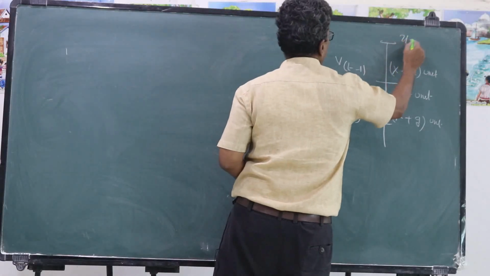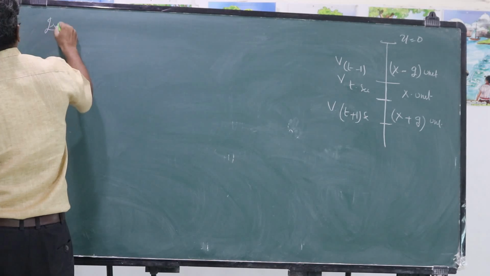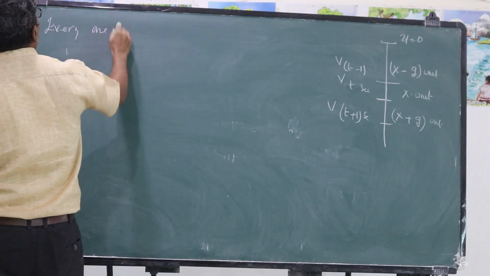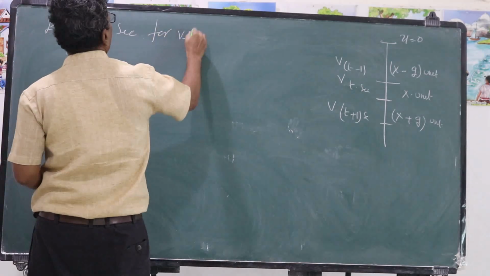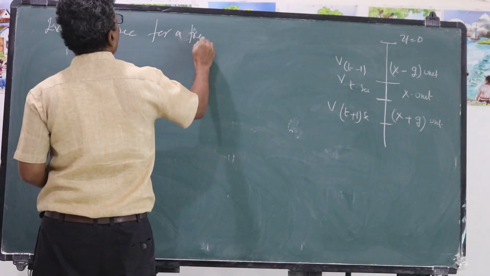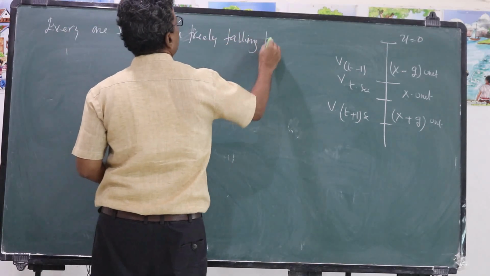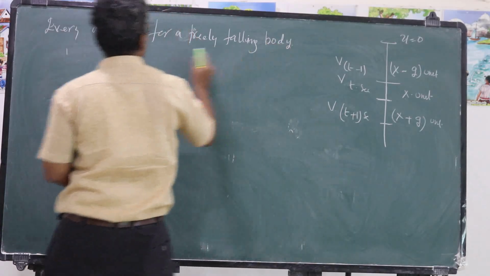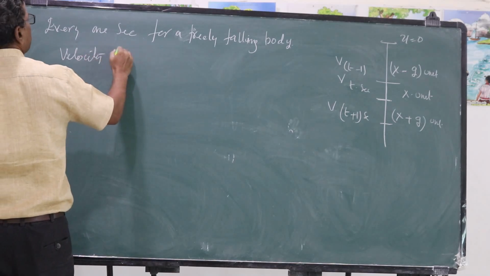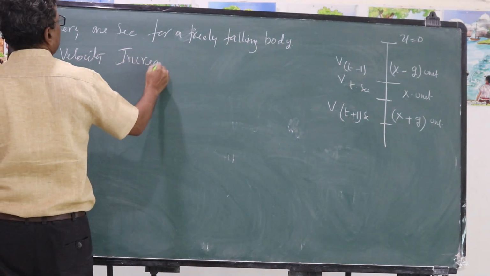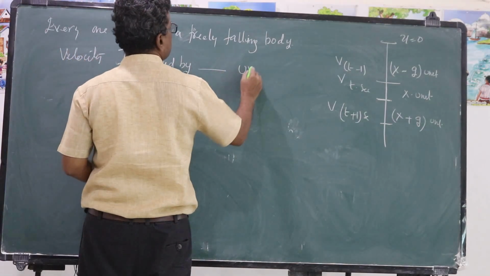The starting velocity is 0 for a freely falling body. So we can say that every one second, for a freely falling body, velocity increases by dash units.